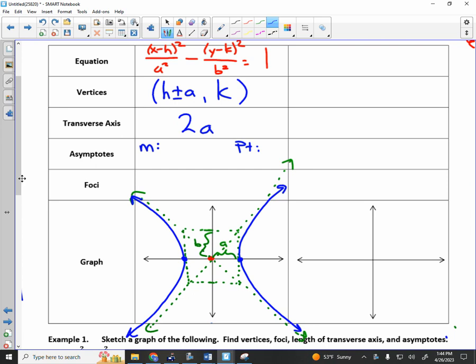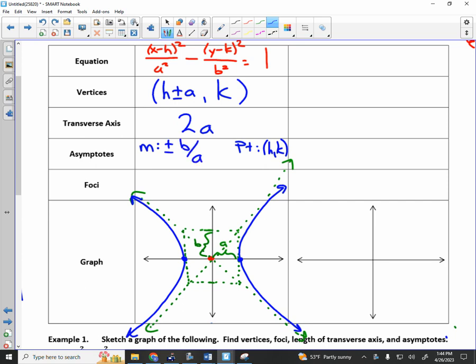So (h, k) is the point we will use for our asymptotes. Both of them will always go through that. And then the slope is equal to the rise and the run of the box. What's the rise and the run of the box? b over a. Notice one is positive and one is negative, so we get plus or minus b over a.